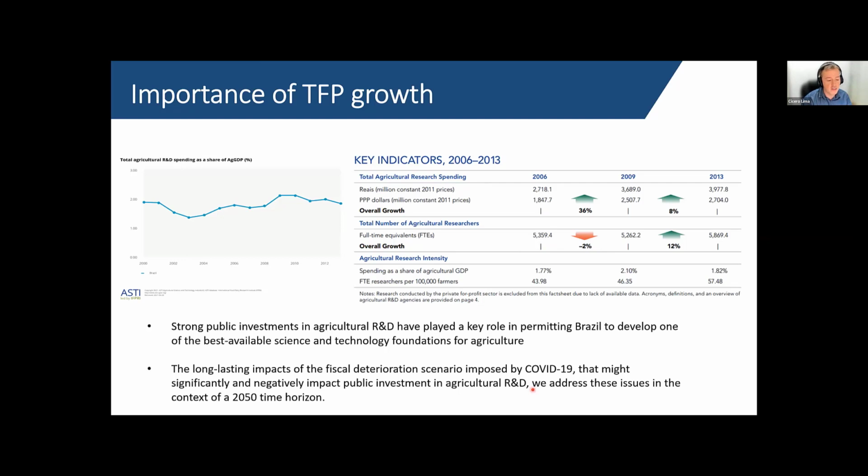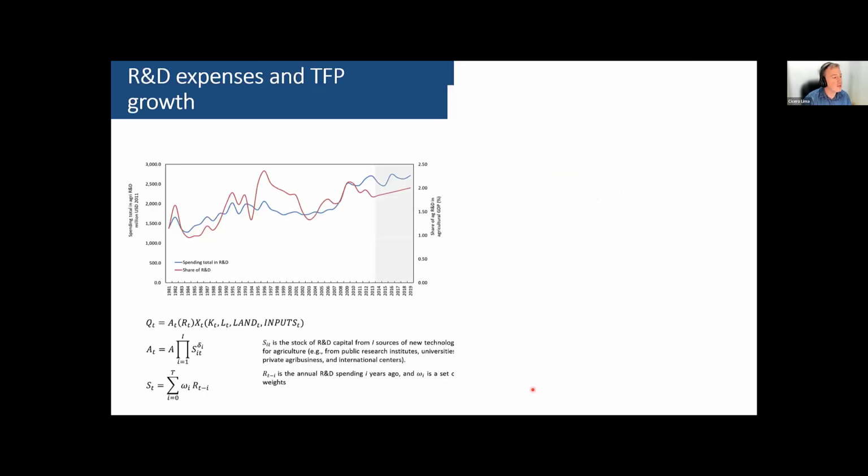So, to translate agriculture R&D investment into TFP growth and technological growth, we connected to a simple model of R&D expenses and TFP growth, and the TFP and R&D spillovers from key food lists from USDA.